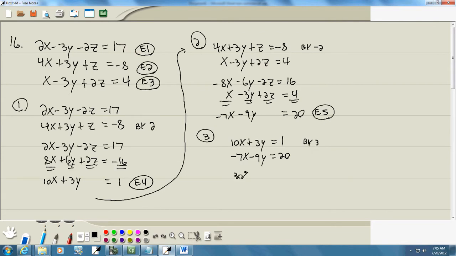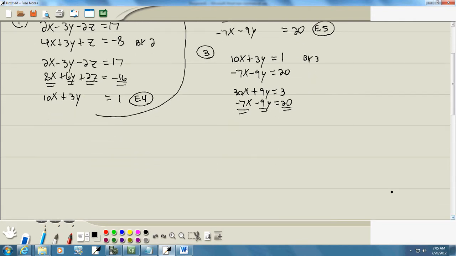That gives us 30x plus 9y equals 3, and negative 7x minus 9y equals 20. Add those together now. So 30x minus 7x is 23x. 9y minus 9y drops away, and 3 plus 20 is 23. And this is now equation 6.